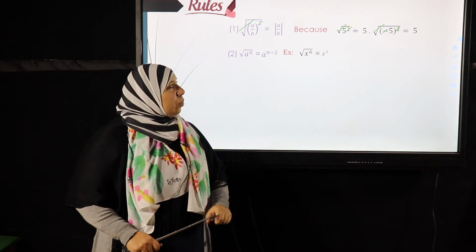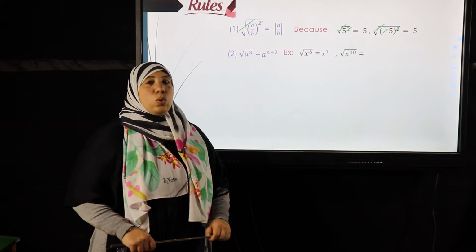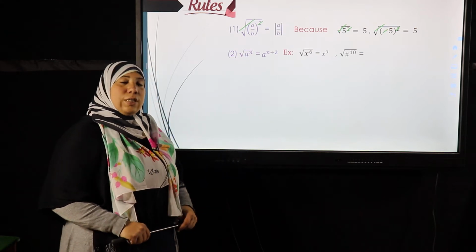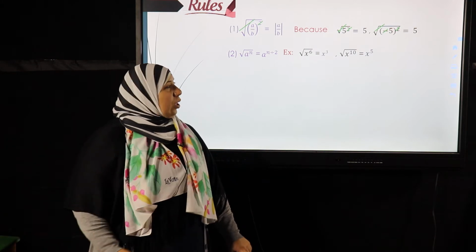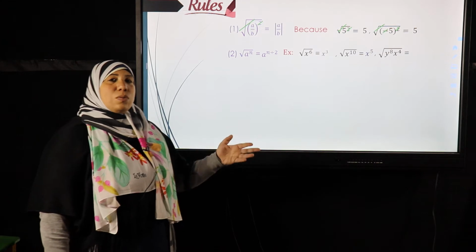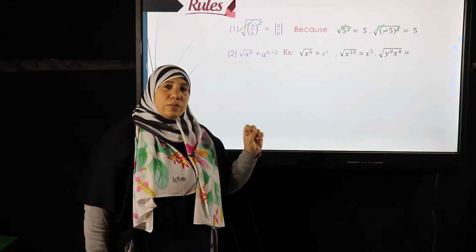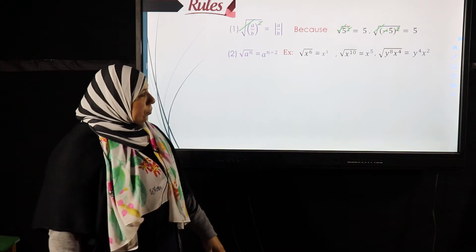So the answer here will be x power 3. Again, if I want the square root of x power 10, we divide 10 by 2, it will be x power 5. And if I have the square root of y power 8, x power 4, we divide both powers by 2, it will be y power 4, x power 2.